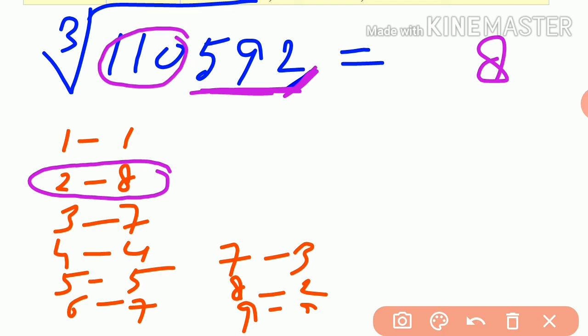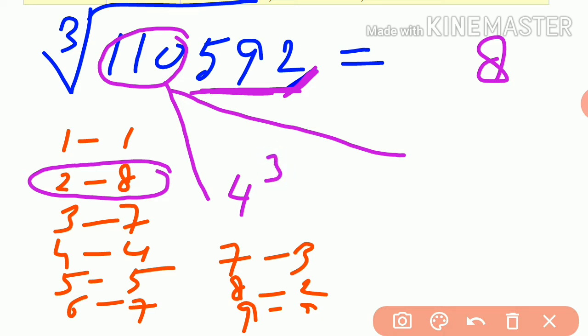And see 110. What numbers does 110 lie between? 4 cubed is 64, and 5 cubed is 125.